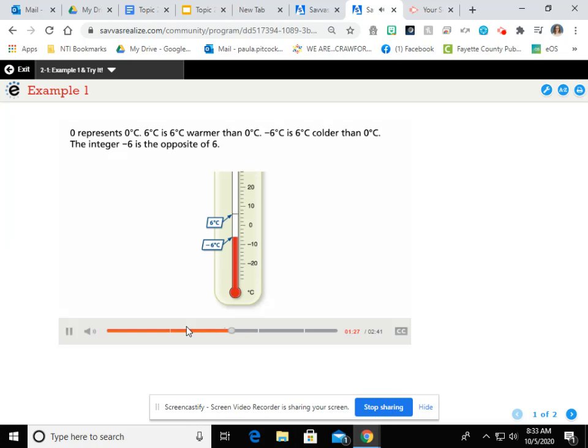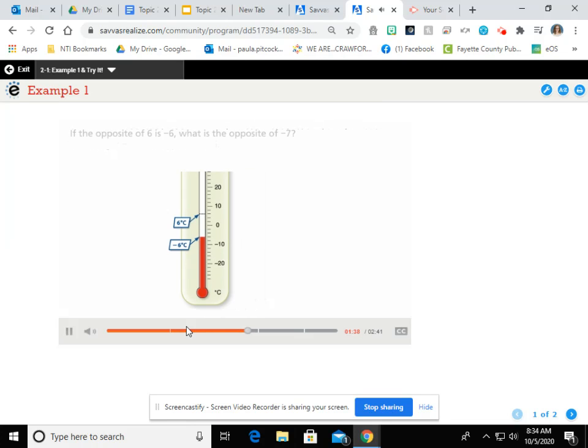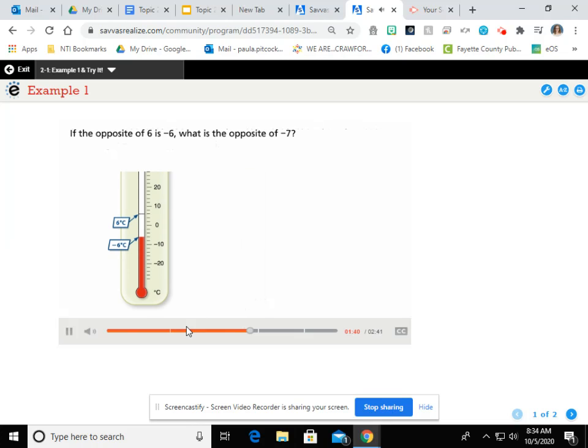Negative 6 degrees Celsius is 6 degrees Celsius colder than 0 degrees Celsius. The integer -6 is the opposite of 6.